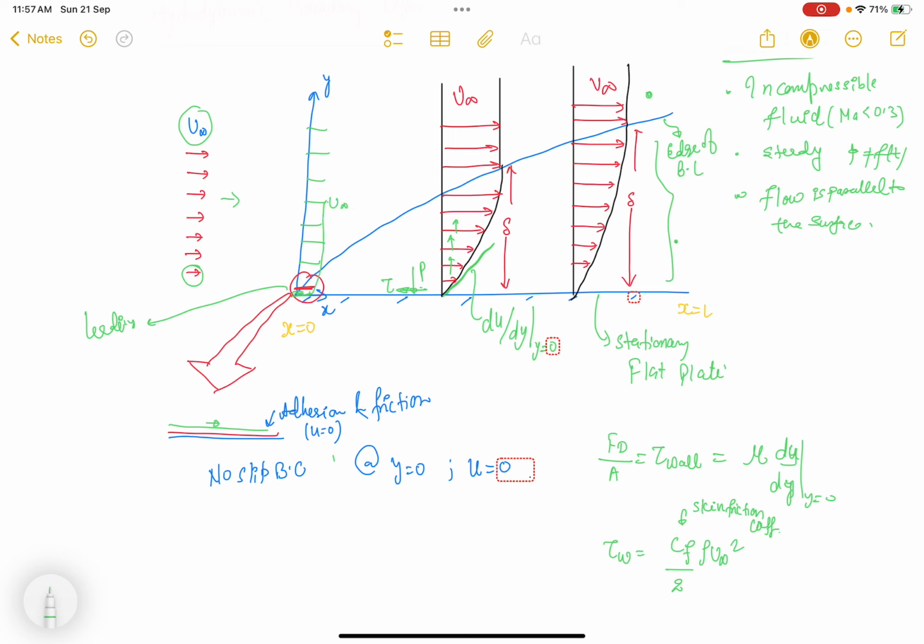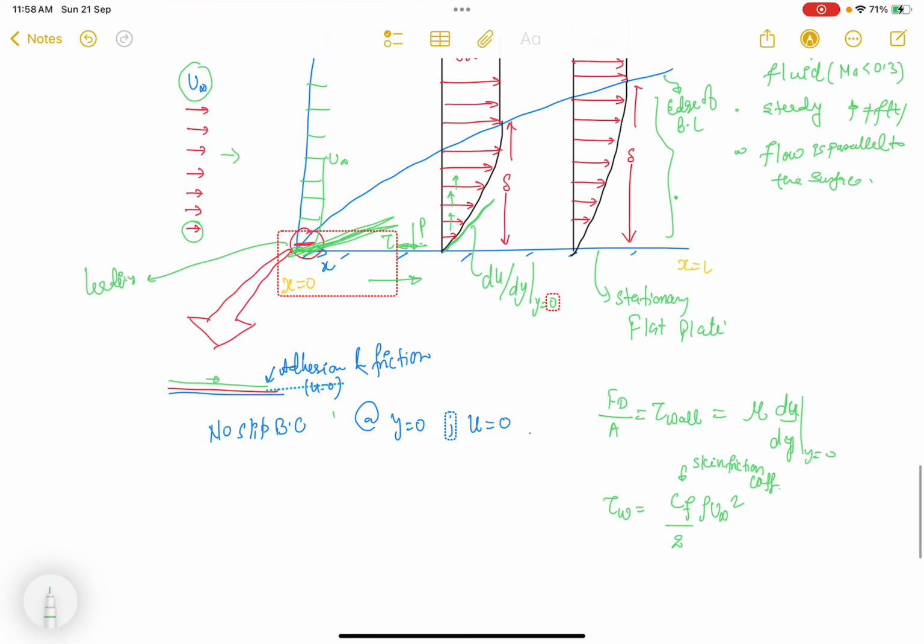It means the velocity gradients are highest at this point, and these velocity gradients will further reduce as we move along the length of the plate, because more and more fluid will feel the presence of the plate. It means more and more fluid will become retarded by the friction of the plate, right? So velocity gradients start to decrease along the length.